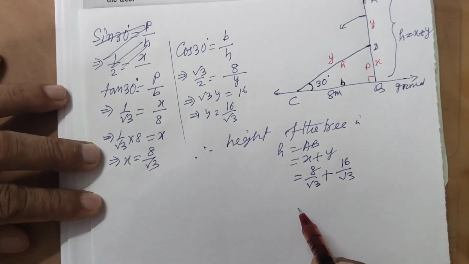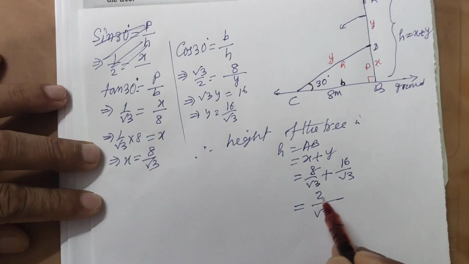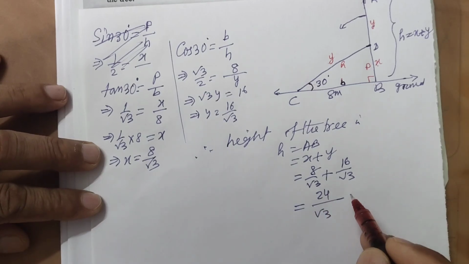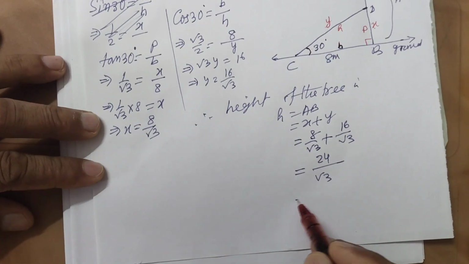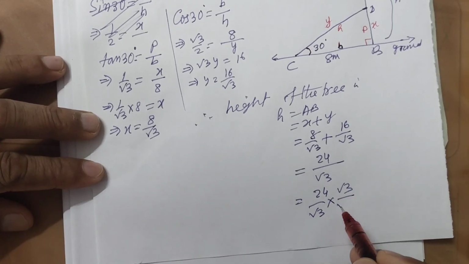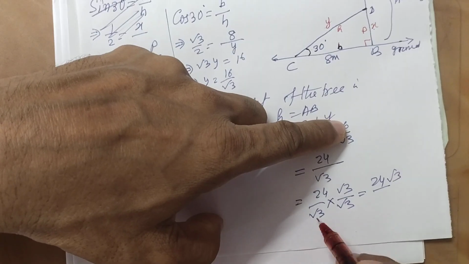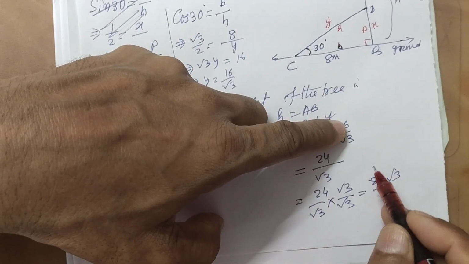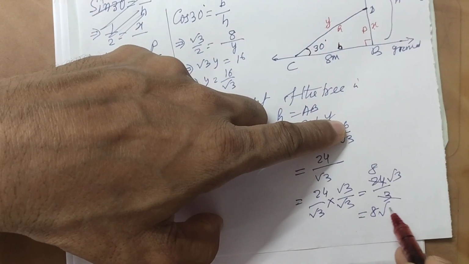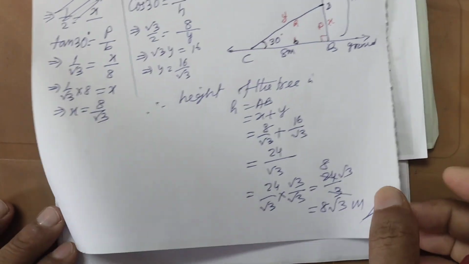Just take the LCM, root 3, and 8 plus 16 is 24. You can rationalize the denominator to get the value: 24 by root 3, multiply both by root 3. So it will be 24 into root 3, and root 3 into root 3 is 3. 3 8s are 24. So the final value is 8 root 3 meter. That is, the height of the tree is 8 root 3 meter.